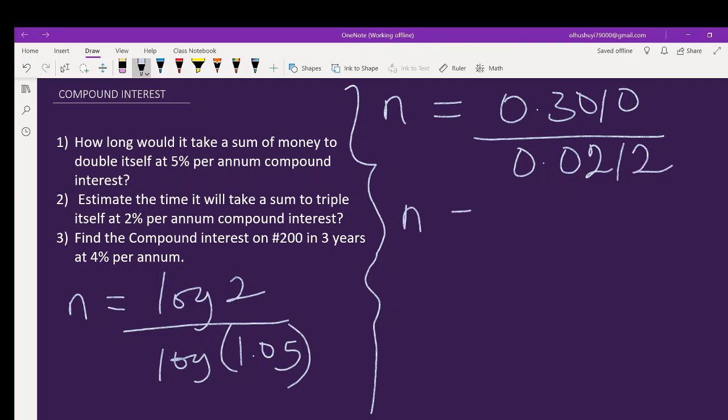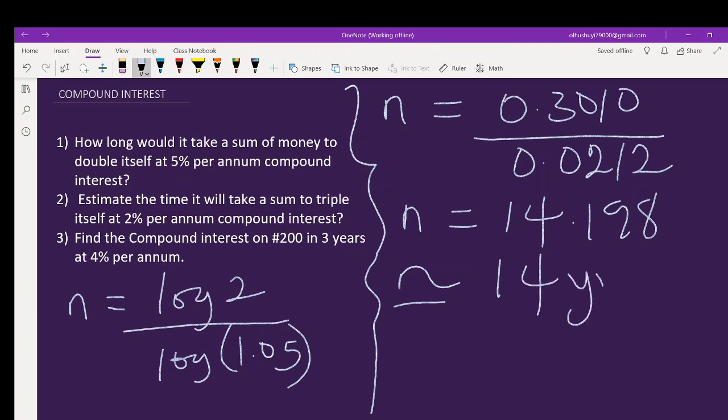So n equals 0.3010 divided by 0.0212. What do you have? You have 14.198. So approximately the number of years it will take is 14 years.